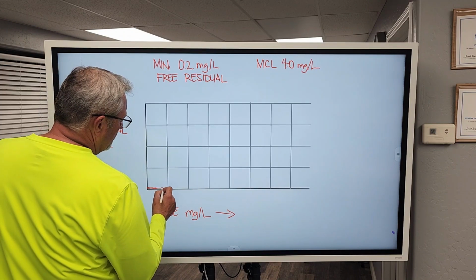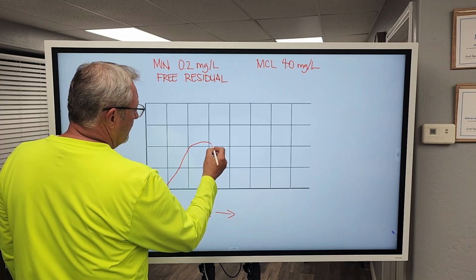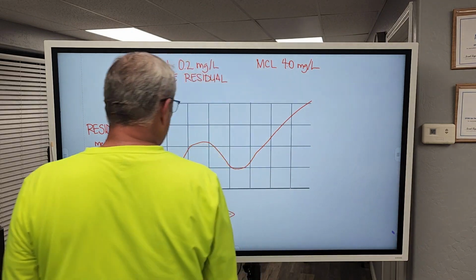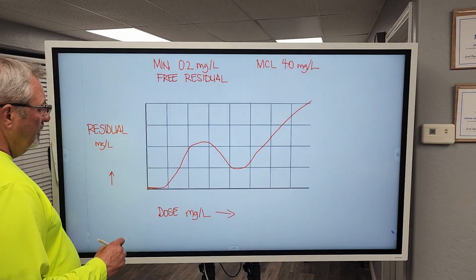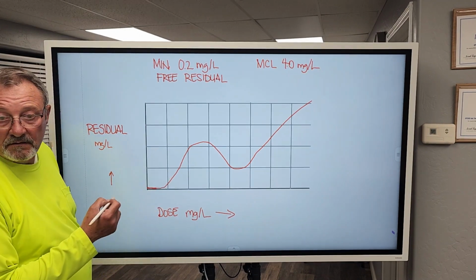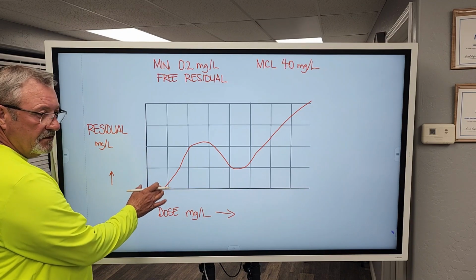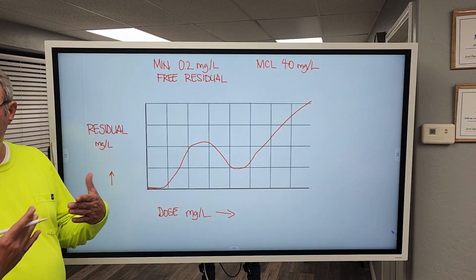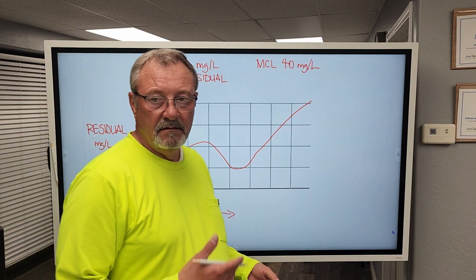In fact, you start dosing and you keep increasing the dosing, and it goes like this. I do that better on a real whiteboard, but the reason why you don't get a residual here after 20 minutes is because at this initial phase of disinfection, the chlorine is breaking down and oxidizing metals, like iron and manganese.